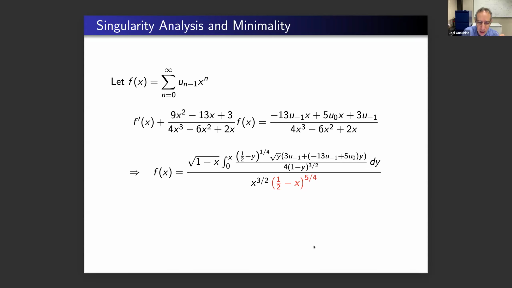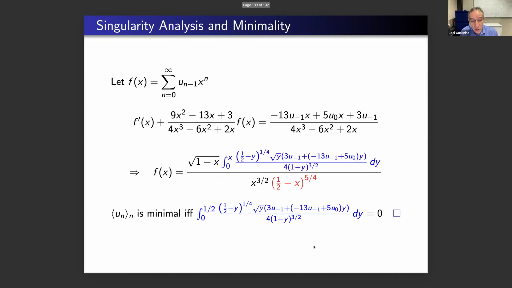Well, the only way f can have a radius of convergence of 1 is if the component in blue at the top cancels out the pole in red at the bottom. That's the only way you can have a radius of convergence 1. And otherwise, you have a radius of convergence of a half. So that means that blue part has to be equal to 0. Okay, so u_n is minimal if and only if that blue part is equal to 0.